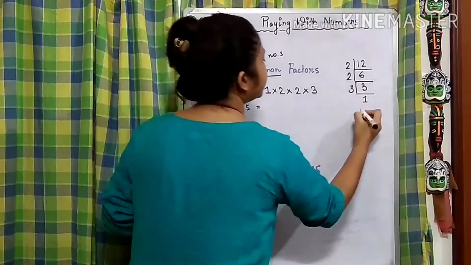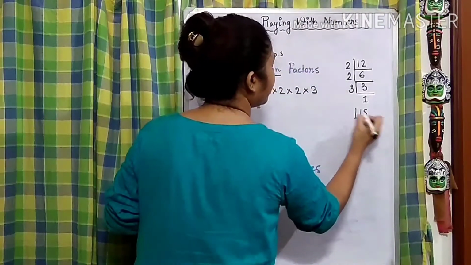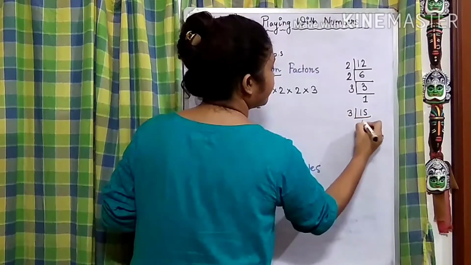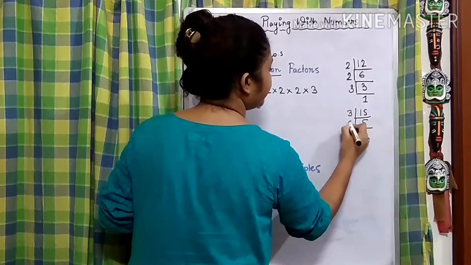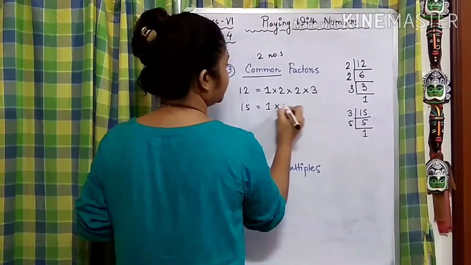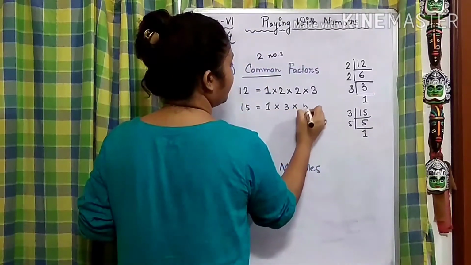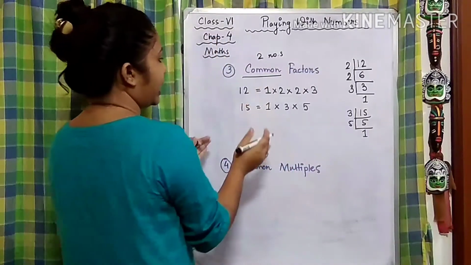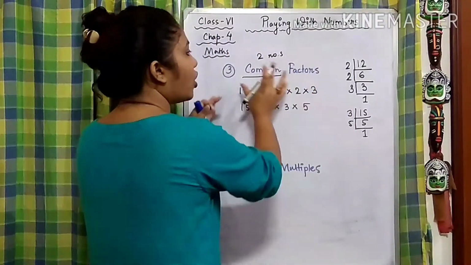Now in the case of 15, how are we going to find them? 3 fives are 15, 5 ones are 5. So 1 into 3 into 5. Now we have already found all the factors.